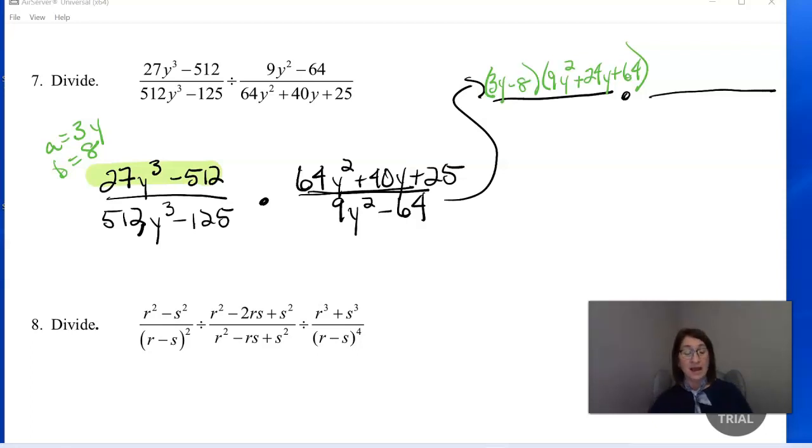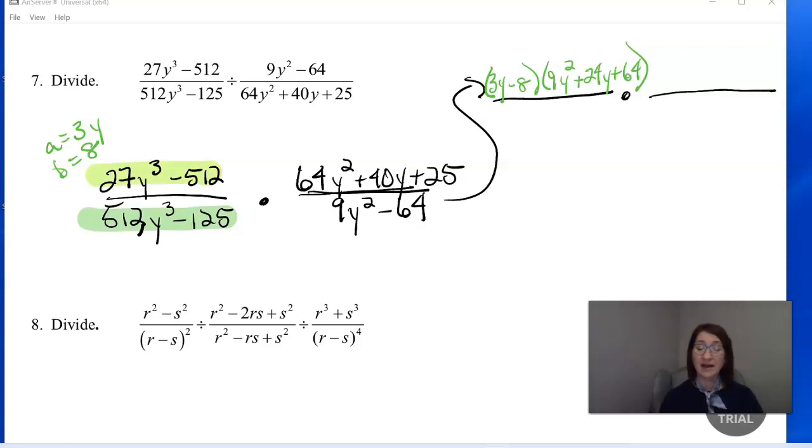Okay, now for our denominator, let's just kind of catch up here. So here's our denominator. We're going to do the same process.